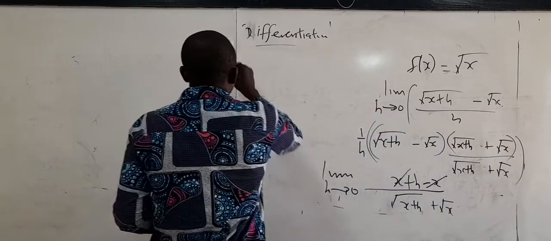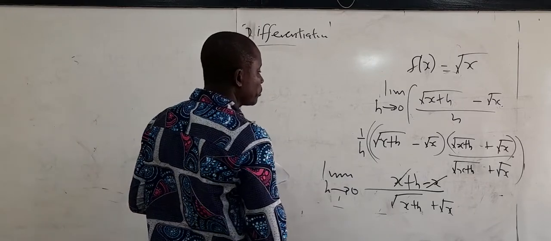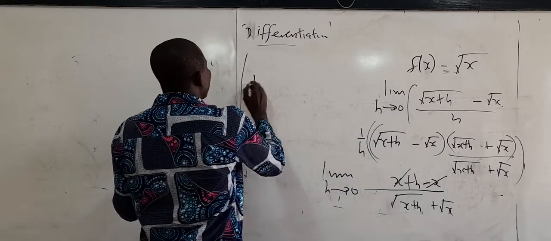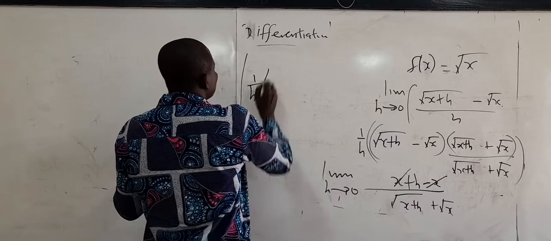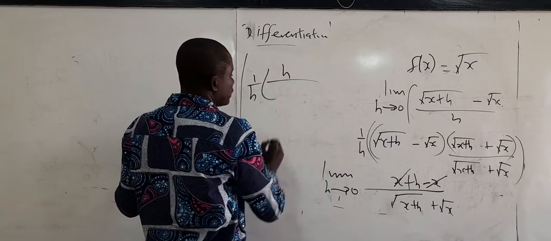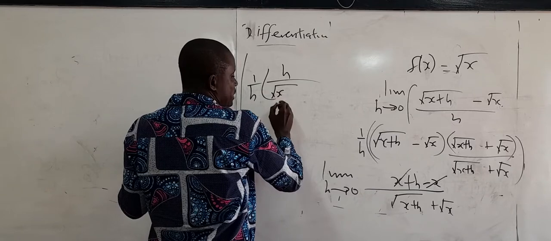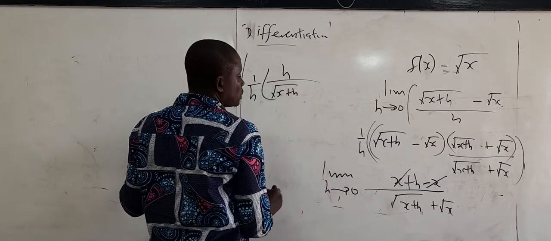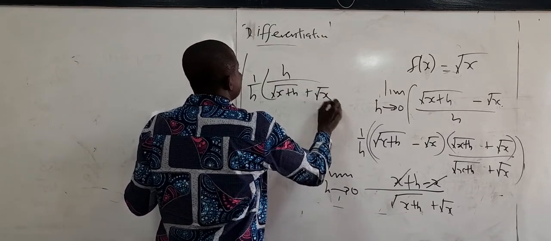So right now, what are we having? I'm having h over h times the root expression. This h will cancel and we're left with 1 over root (x plus h) plus root x.